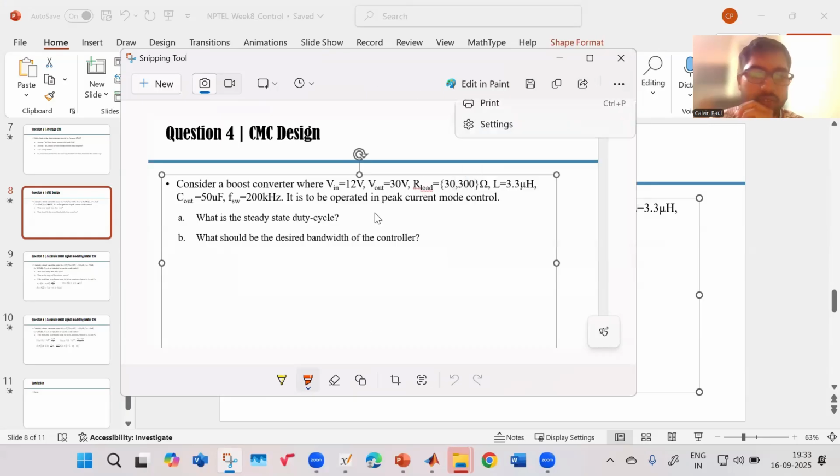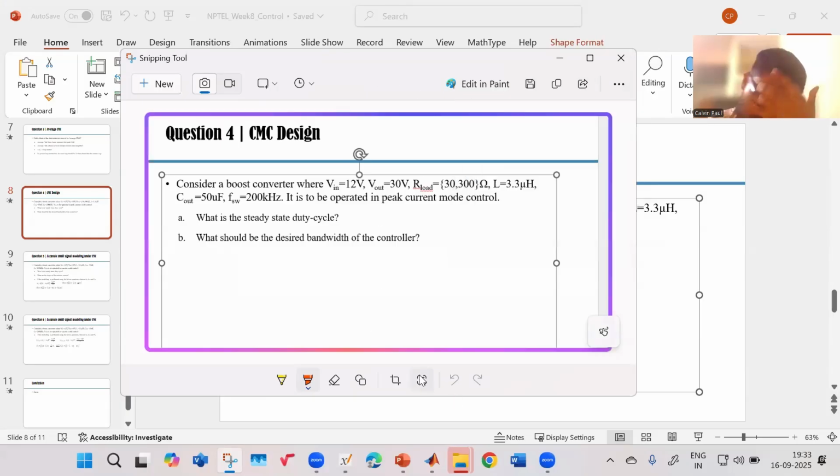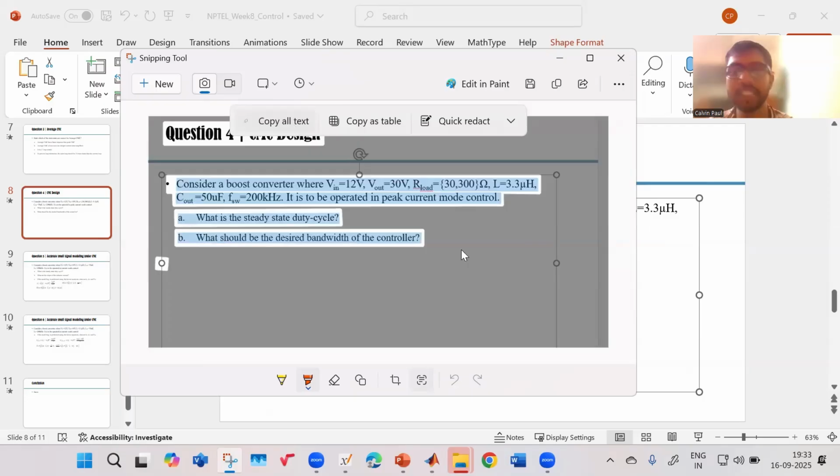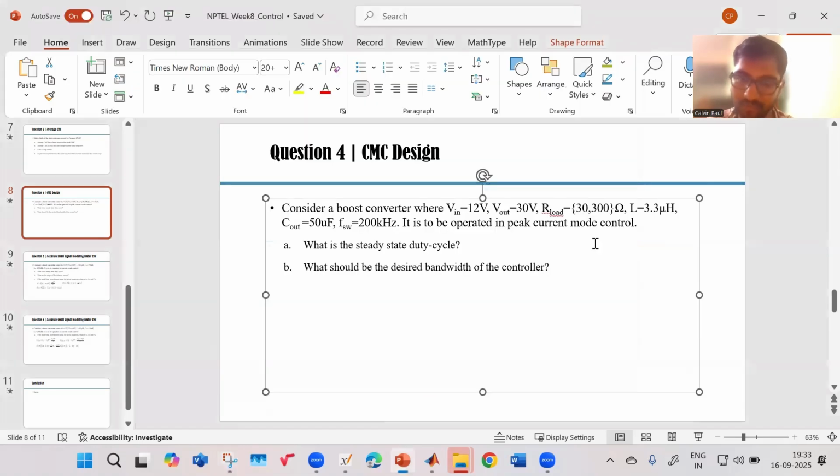There is an option, this option is Windows 11 only. This will enable you to copy the text. So wherever there is some PDF or MATLAB code, you can take the screenshot, copy the text and paste it. You don't need to type text all over again. That's a useful way to save time.